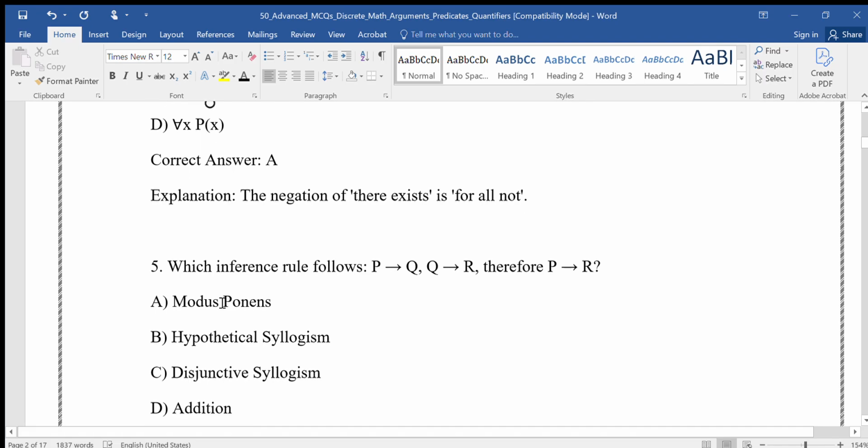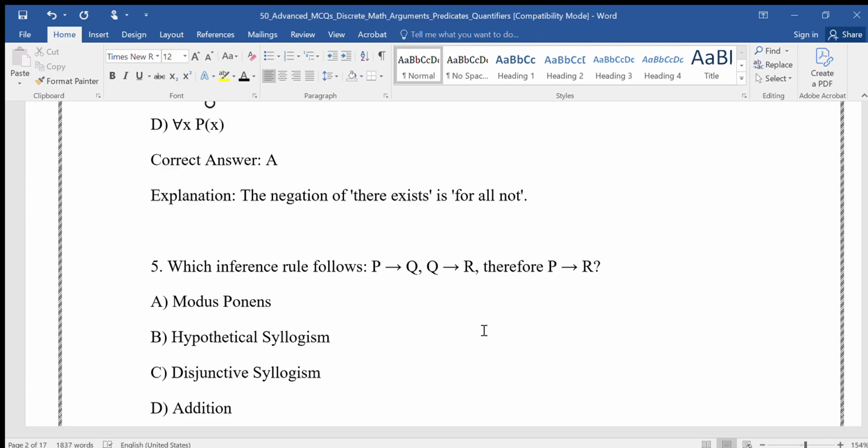MCQ 5. Which inference rule follows: P implies Q, Q implies R, therefore P implies R? This is like the transitive property.